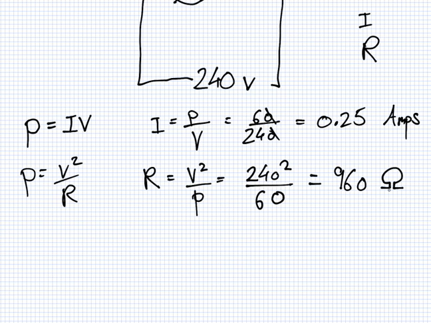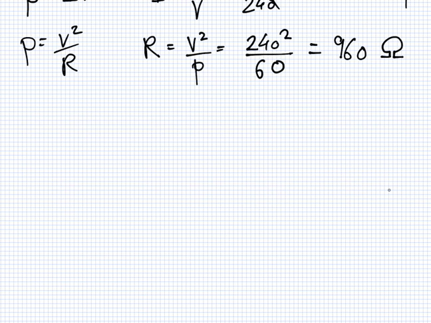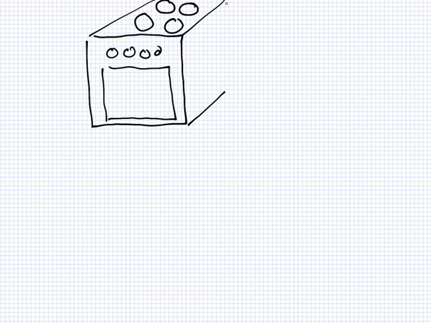Okay, so let's have a look at another example. Let's take something like the oven. So you have your electric oven. Well, you know what an oven looks like. It's the stove on top.